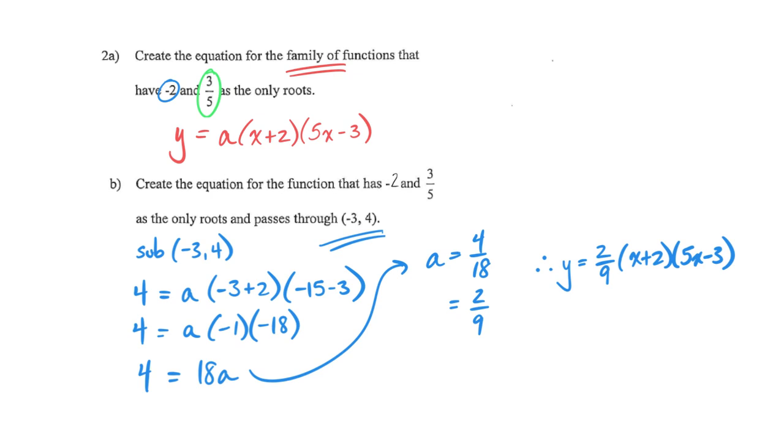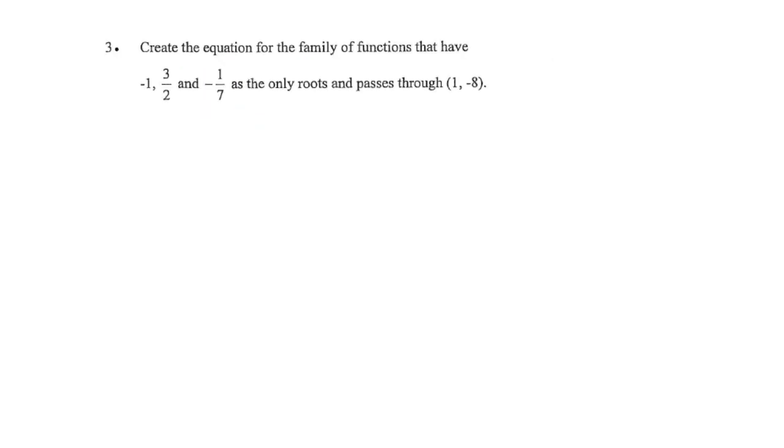Okay, we got one more problem to go through, and this one's going to be a bit of a doozy. Okay, I want to just leave this one with you. It provides an opportunity for you to get some practice at dealing with a little bit of problem solving. I would like you to create the equation for the family of functions that have -1, 3/2, and -1/7 as the only roots.